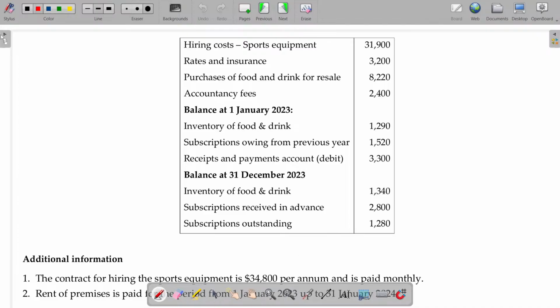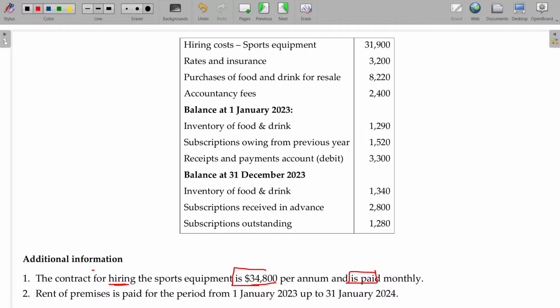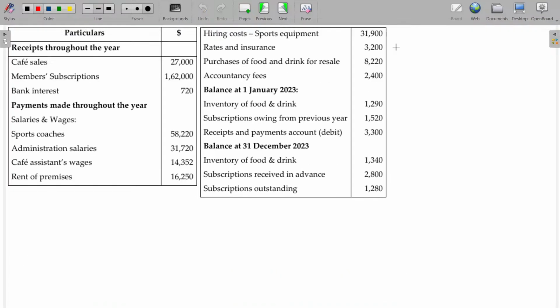Additional information: the contract for hiring the sports equipment is $34,800 per annum and is paid monthly. Hiring cost paid is $31,900. 34,800 should be payable, but only 31,900 is paid. What does it mean? There may be an outstanding.